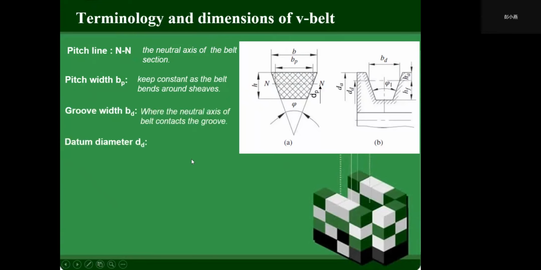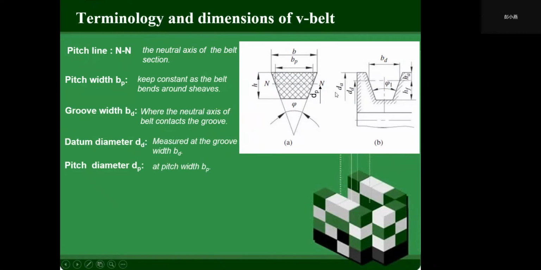And the datum diameter DD is measured at the groove width BD. And pitch diameter DP is measured at pitch width BP.